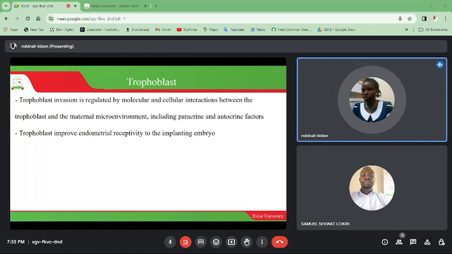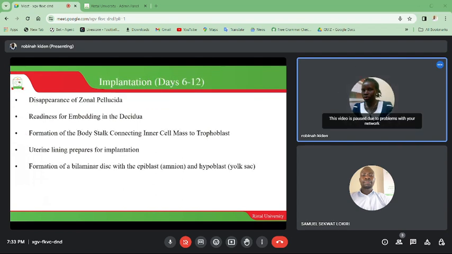Once they reach into the myometrium, that is when we have abnormal cases of over-anchoring of the placenta, which can lead to complications during delivery. The placenta cannot be delivered out because it is attached to the muscles.